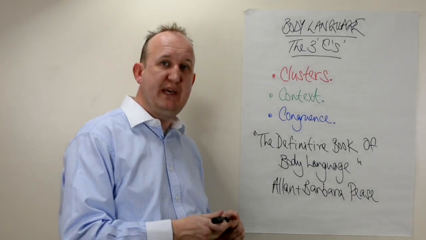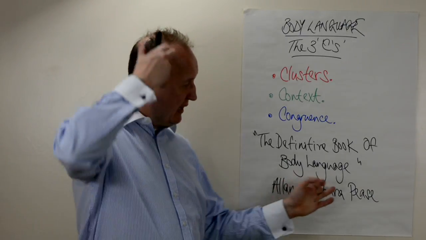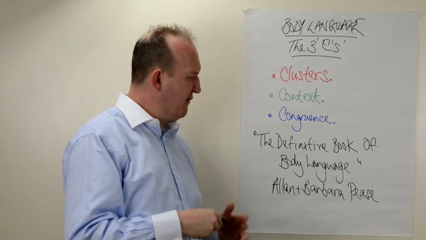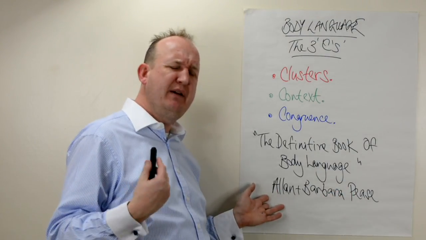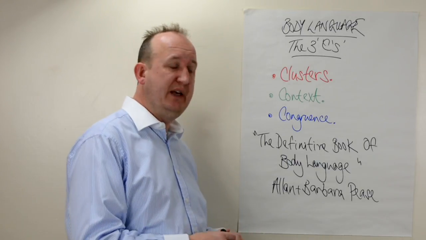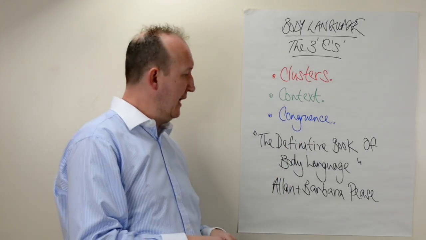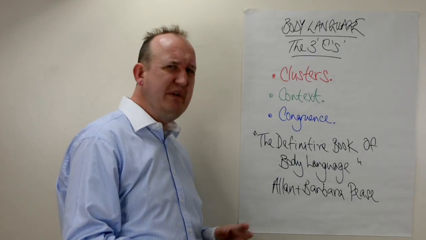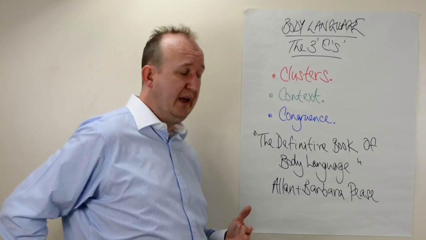Alan and Barbara Pease. That's Alan with 2 L's and Pease as in P-E-A-S-E. If I remember correctly, a married couple, an Australian couple, who are very highly regarded in this sphere. I think it's something like £7.99. Really good value book as far as I'm concerned.